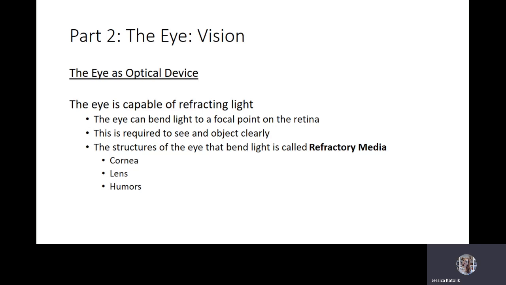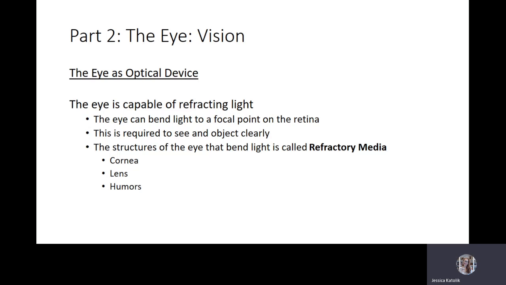So the eye can refract light, and it can bend this light onto the retina. And this is required so that we can actually see and focus on objects that are far away or nearby and still be able to see them clearly. There are different structures that are capable of bending light in the eye.